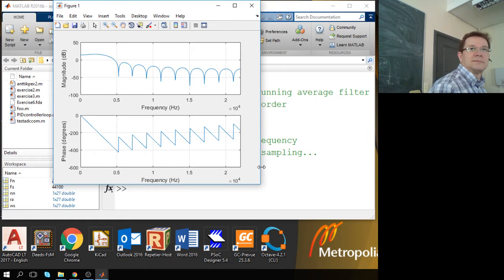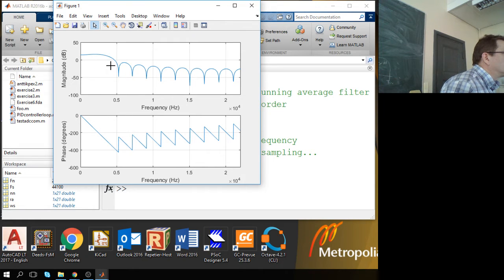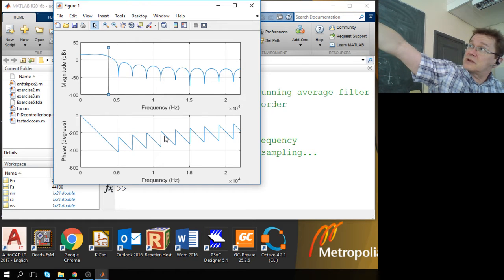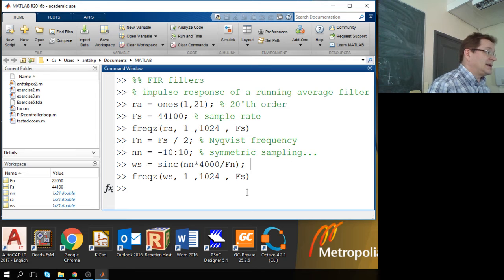Excellent. So this is about 4 kilohertz. I got the cutoff frequency in the right place. That looks more or less somewhere at the minus 3 dB point. But as you can see, there's also the scaling factor. This is still not a unity scaled system. The scaling is simple.